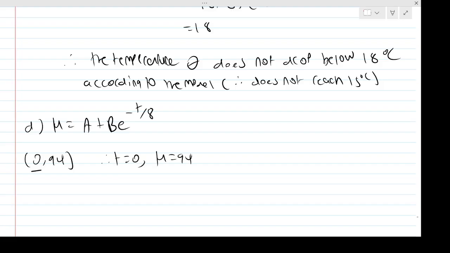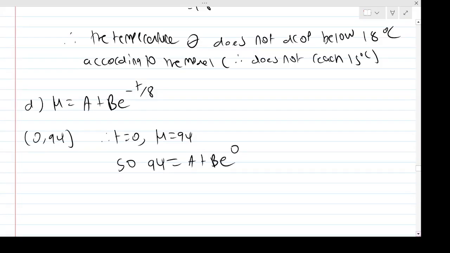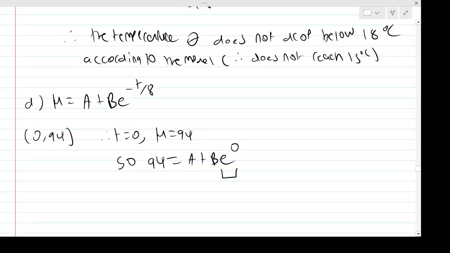So if I substitute that in, 94 for mu is going to be A add B e to the 0 effectively. E to the 0 is just 1. So we get A add B is equal to 94.